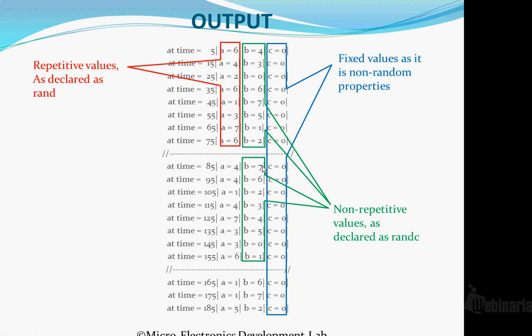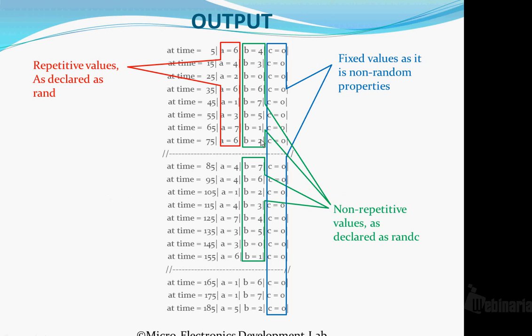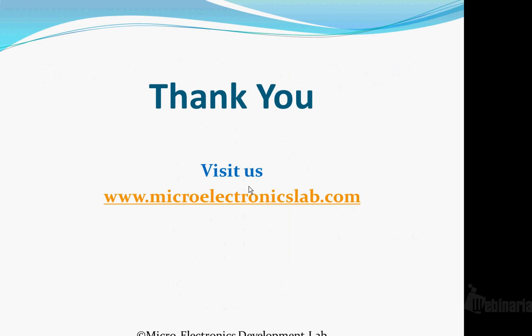At this point there is a possibility that B may take the value 2, that is, B can repeat the previous value, but again it will iterate over the full range. So this is the basic difference between the rand and randc properties. Thank you.